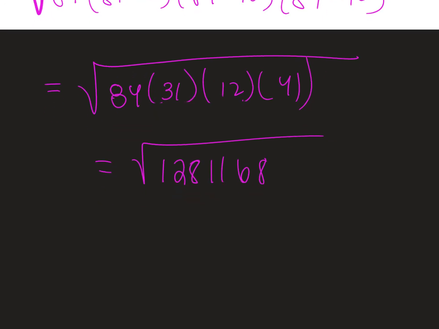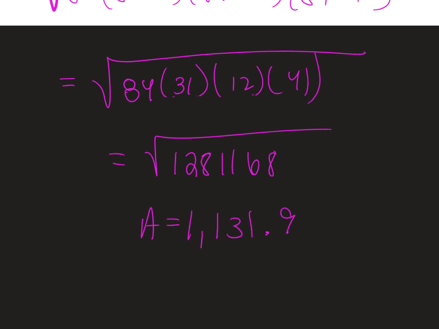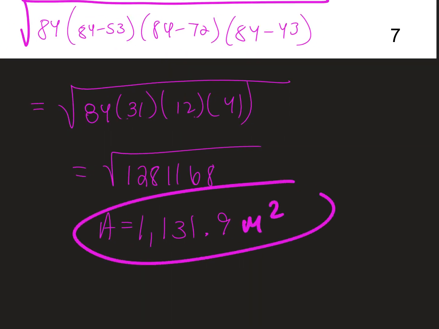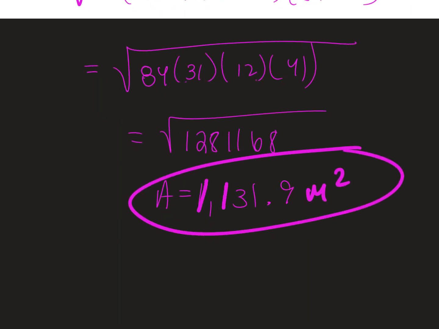Yeah? Now take the square root. So the area is about 1,131.9 what? Meters squared. Perfect. I'll tell you on the quiz what I want you to round to.